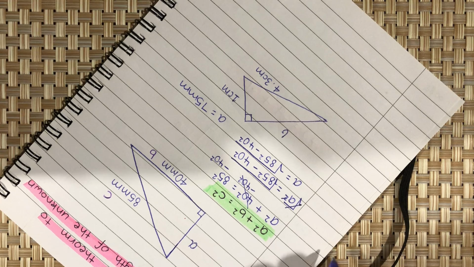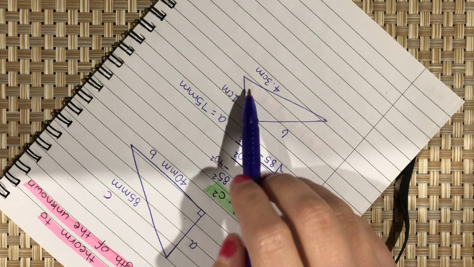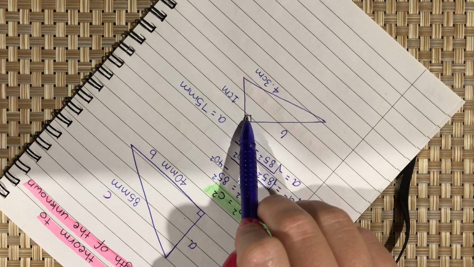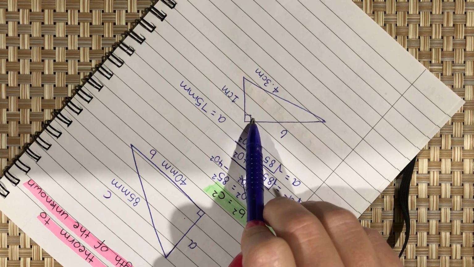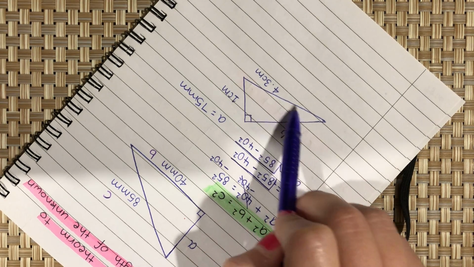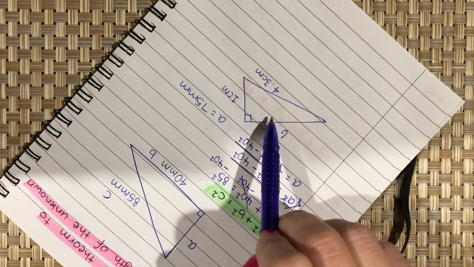So I'm going to leave my page like this. Here I've got my L shape, my two shortest sides. I've got my square in the corner telling me this is a right angle triangle, and opposite that we've got our hypotenuse, which is the longer side.